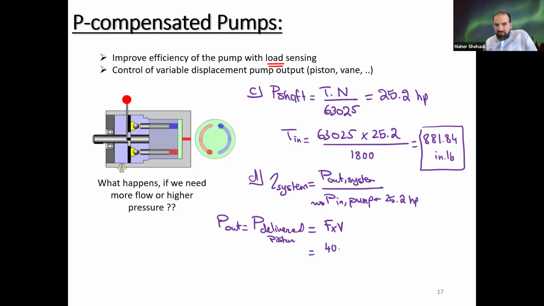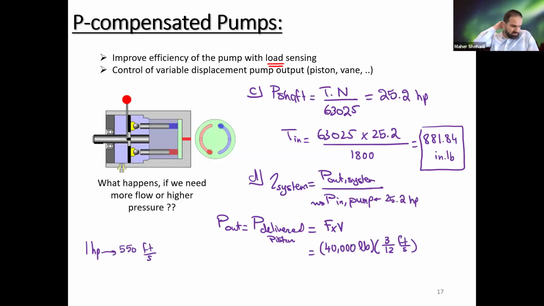So the force is 40,000 pounds. The velocity is 3 inches per second, so I'll divide by 12. That would be feet per second. 1 horsepower is 550 foot-pounds per second.